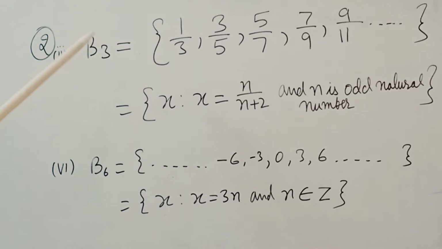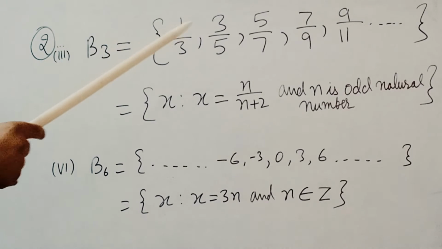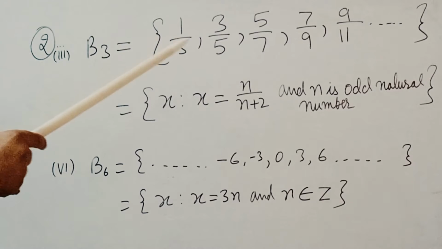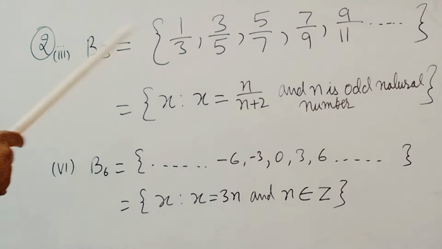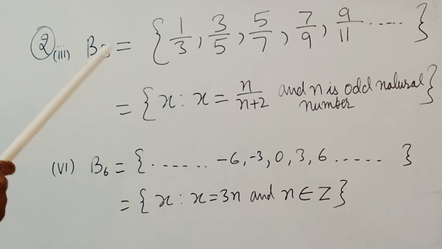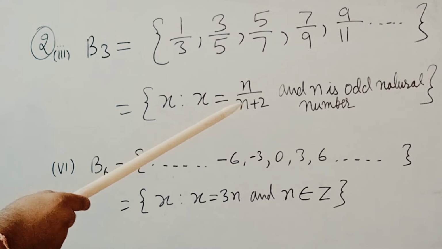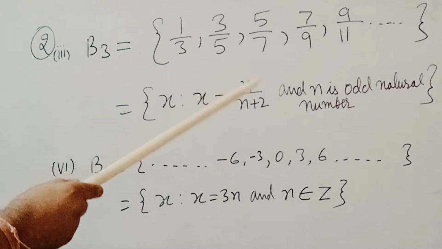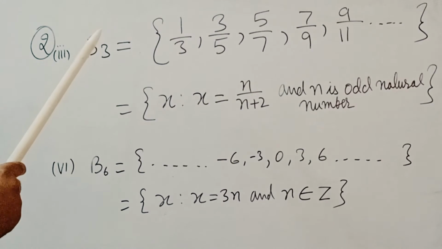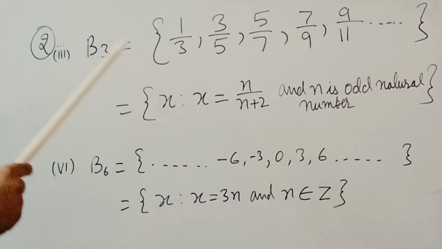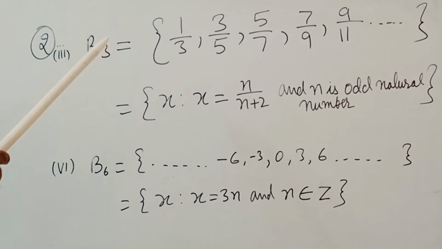So what is n? Just see the numerators of this set, the elements of the set. What are the numerators? 1, 3, 5, 7, 9. So when you see the numerators, you will find that n is odd. Natural number, not whole number. Natural number means n is not 0.